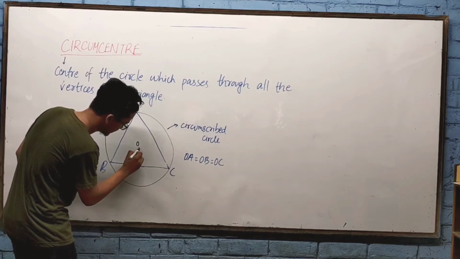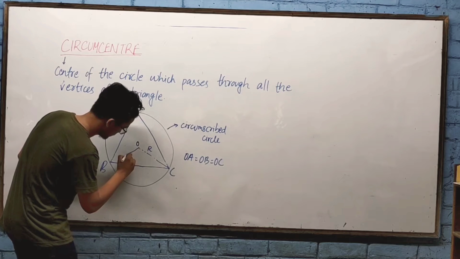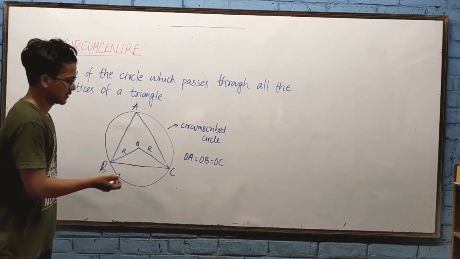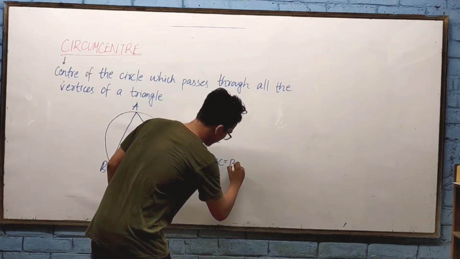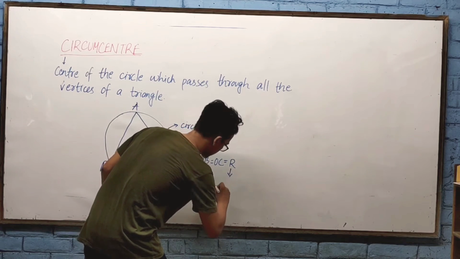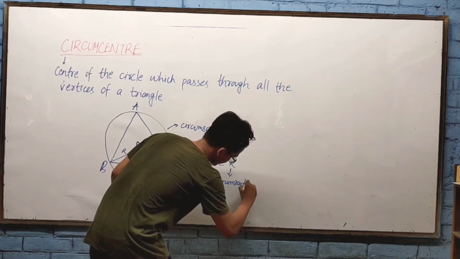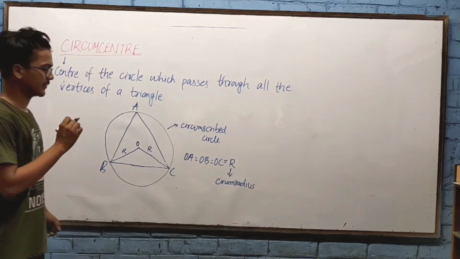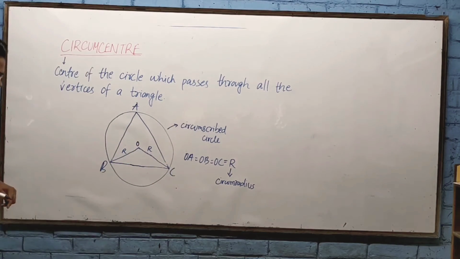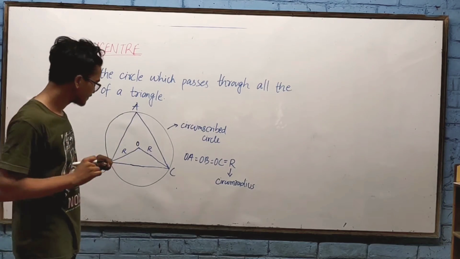If we denote the radius as R, then OA equals OB equals R equals OC, and this R we call the circumradius, since it is the radius of the circumcircle or circumscribed circle. So all the three vertices of a triangle are equidistant from the circumcenter.